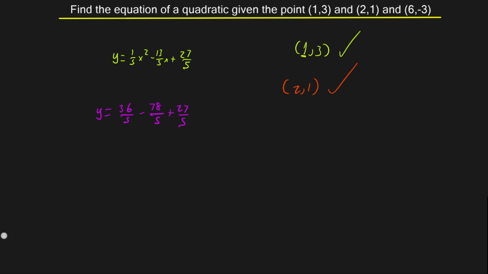And 36 plus 27 is going to be 63, and 63 minus 78 is going to give us negative 15 over 5, which is negative 3. So our equation does satisfy all three of those points.